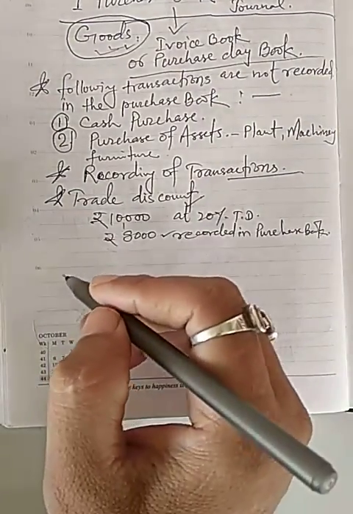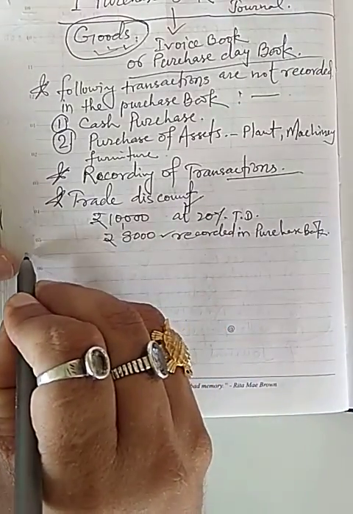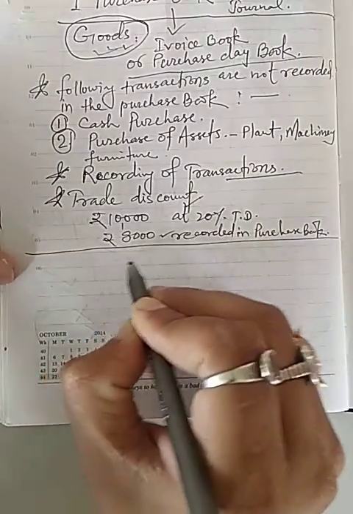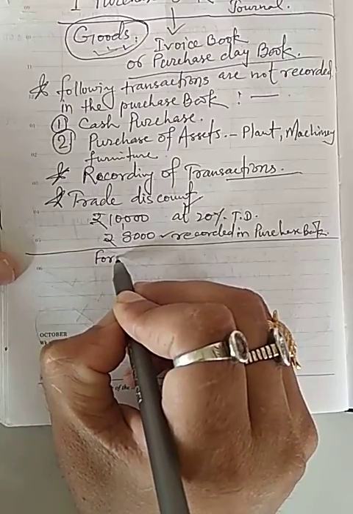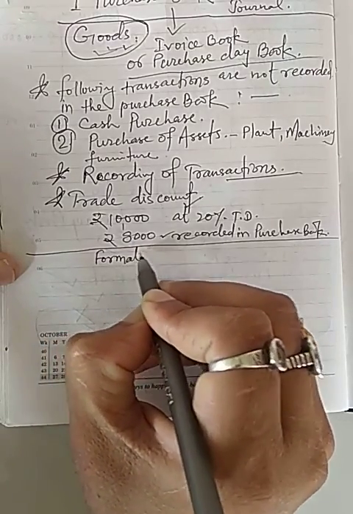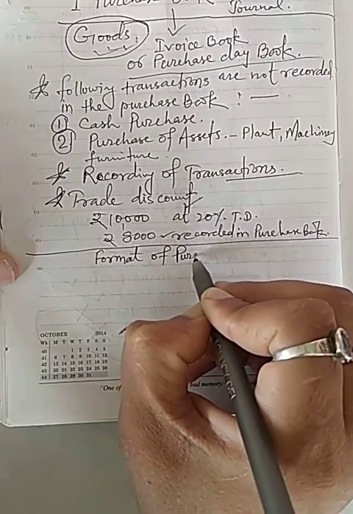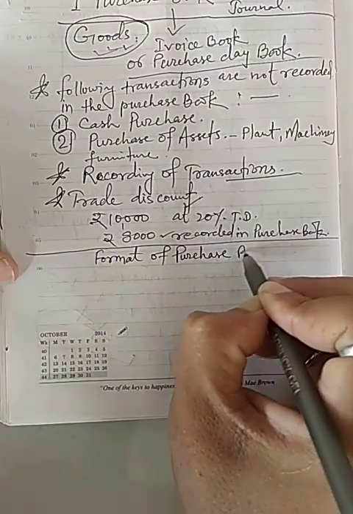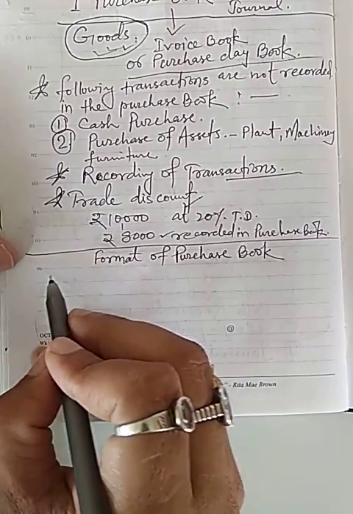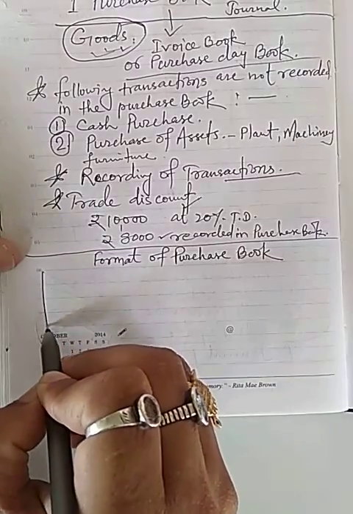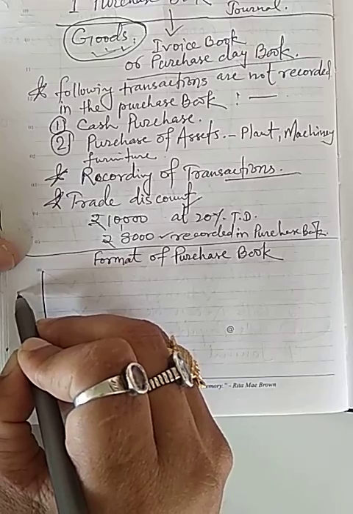Now, students, the format of the purchase book. The first column will be for date.